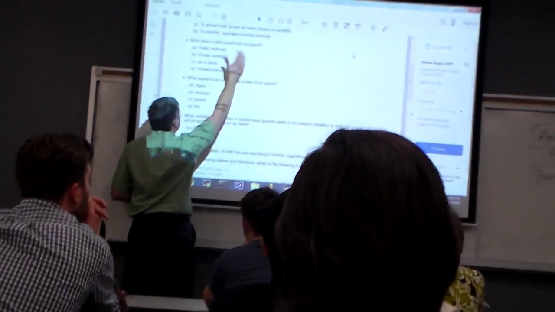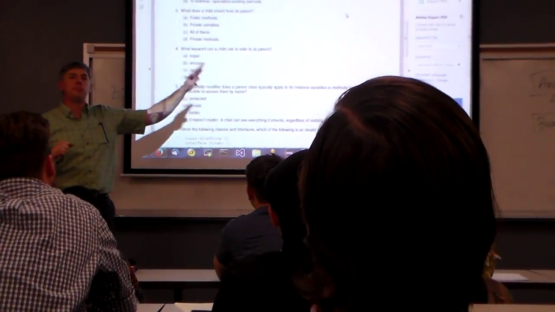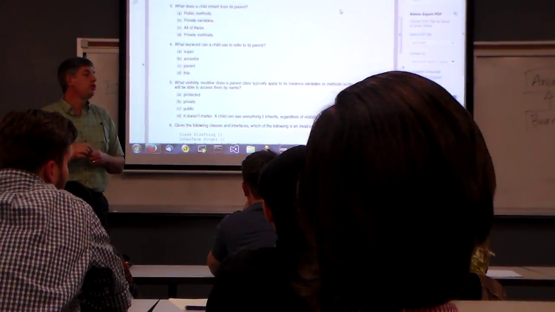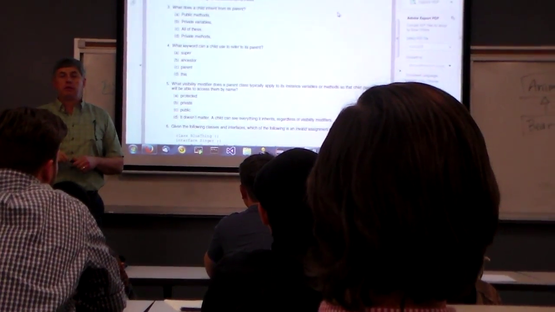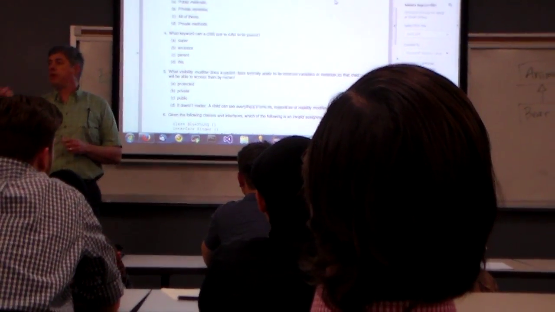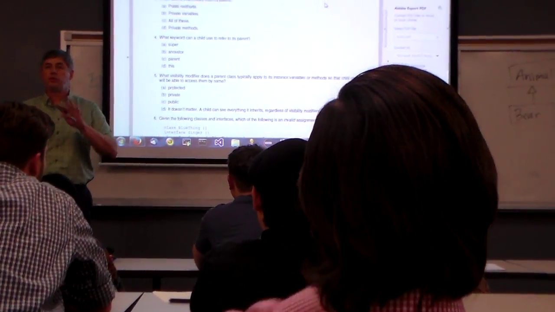What could happen is that you might call a public method from a parent, but then that parent calls its own private method. You might not be able to access that method directly, but you're still going to be able to use it. So don't get confused: inheritance is not about being able to access it. Those are two different things.